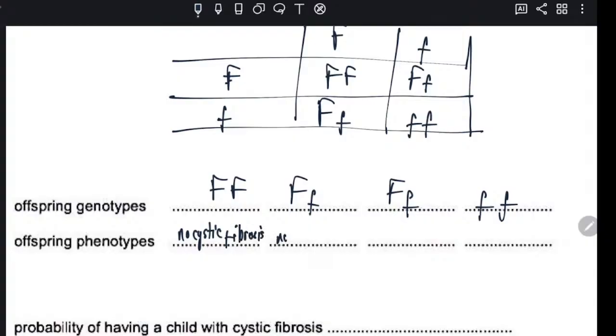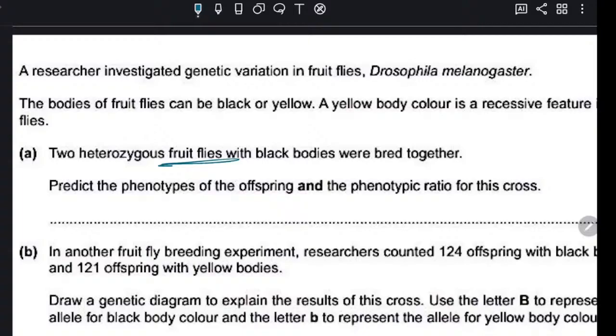Even for this one, no cystic fibrosis. The only time you can have cystic fibrosis is if both are recessive. So this is again no cystic fibrosis. Then this person has cystic fibrosis because they have both of these. Are we together?